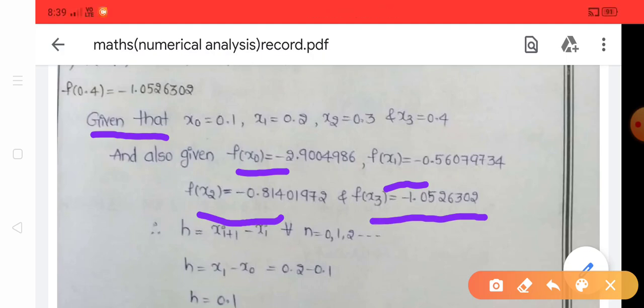Therefore h equals x i plus 1 minus x i for all i equals 0, 1, 2 and so on.